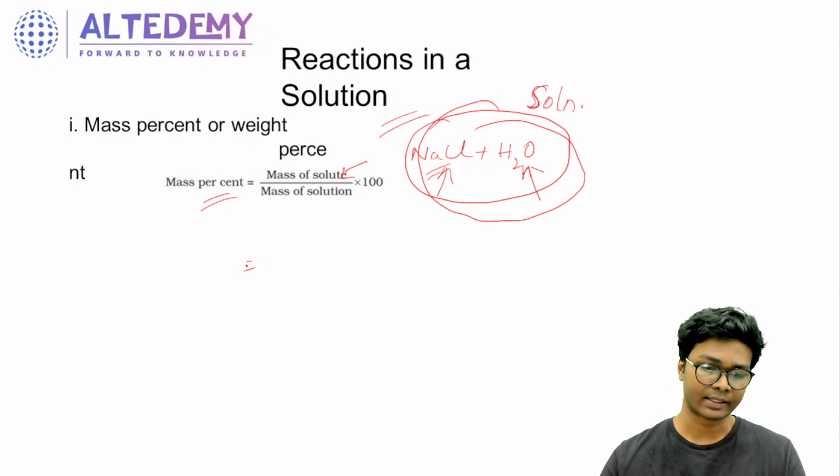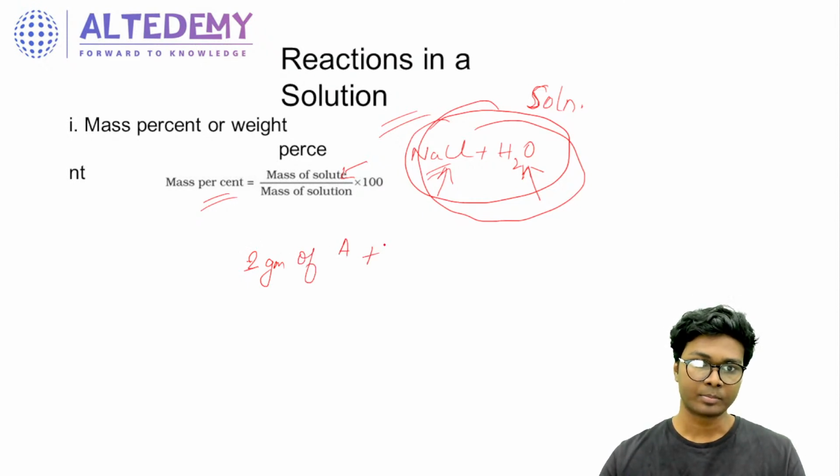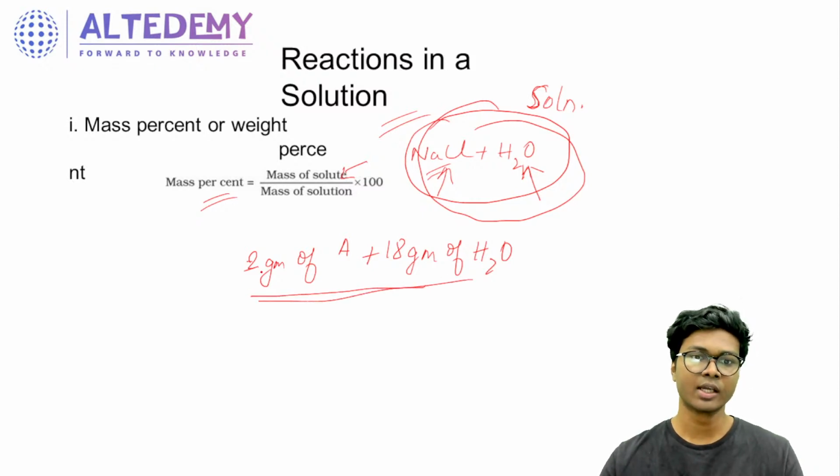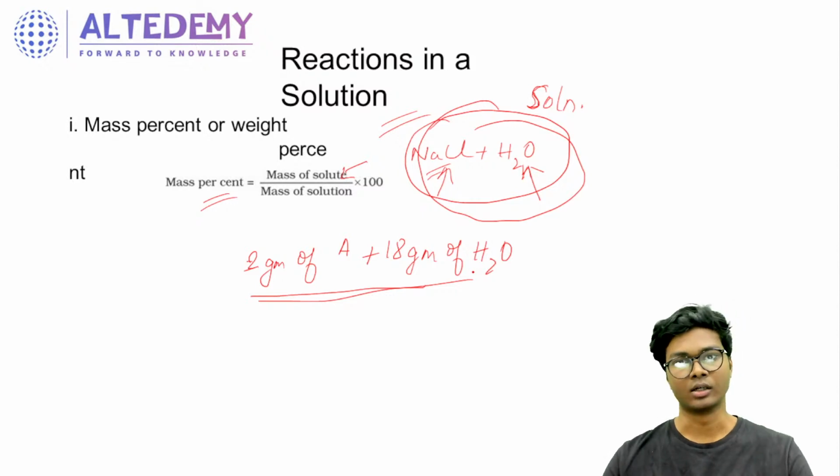We can take a small example, like 2 grams of A plus 18 grams of H2O. So this is our solution with 2 grams of substance A and 18 grams of water.